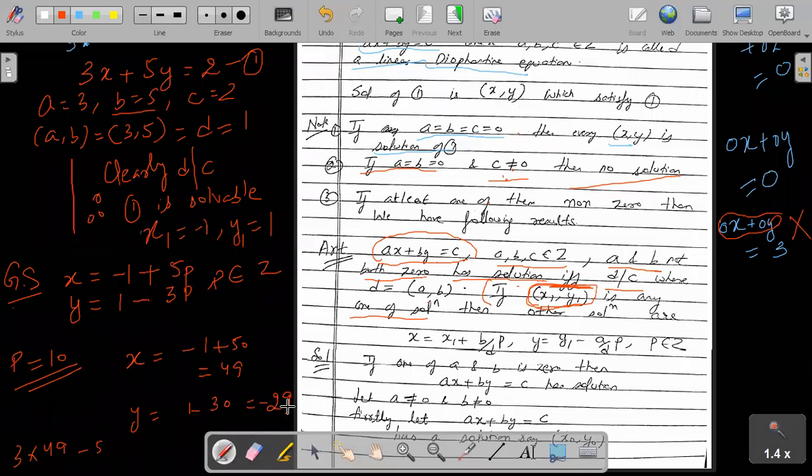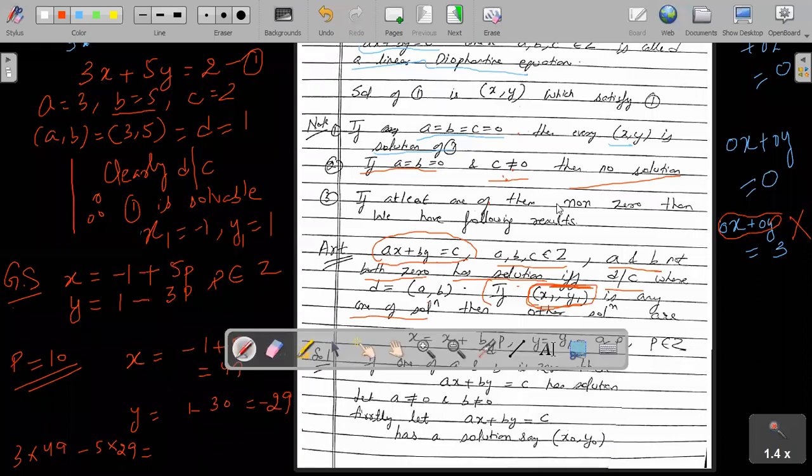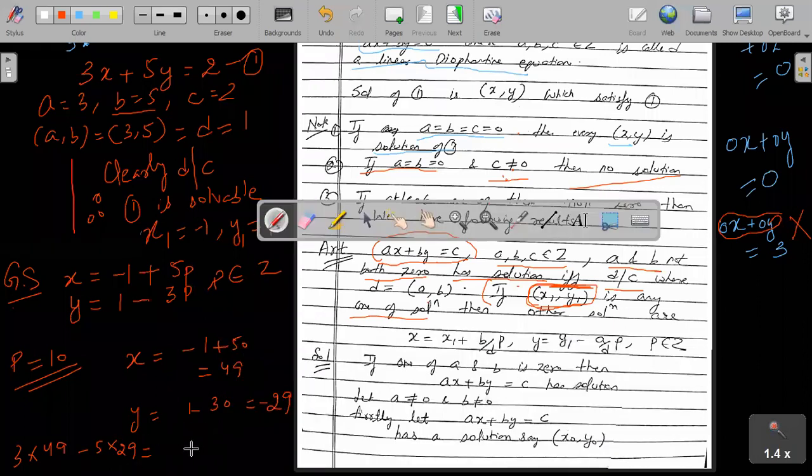Because y has a minus sign and is -29, that is why I wrote minus. Multiply 5 into 29. How much is 3 into 49? So you see, 147 minus 145 is how much? 2.